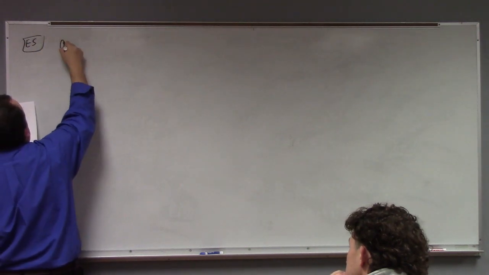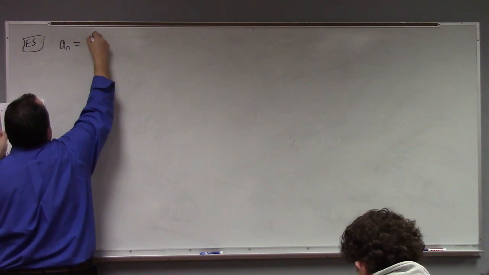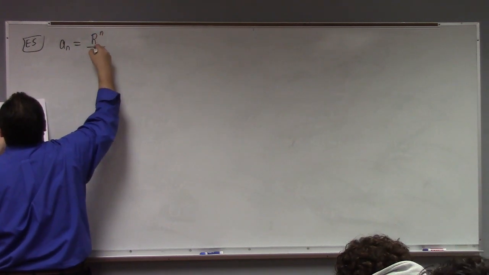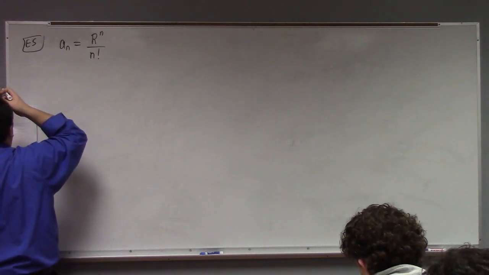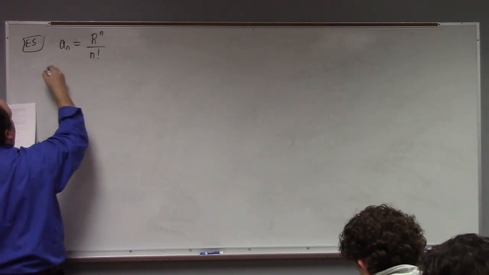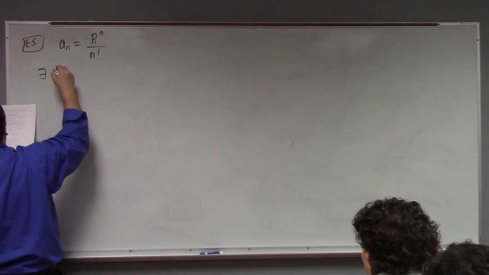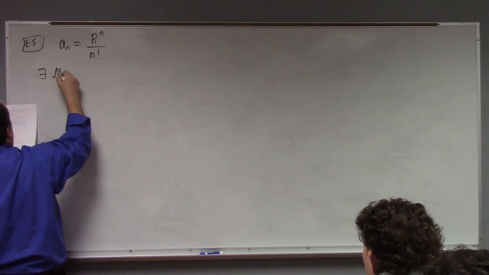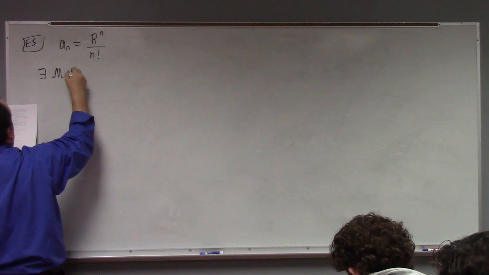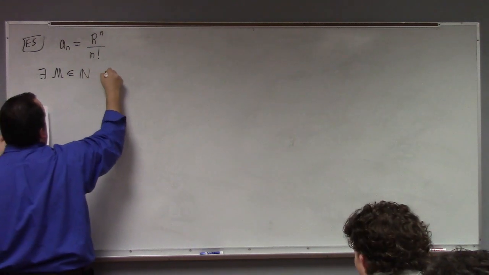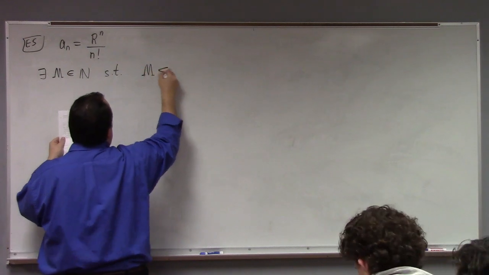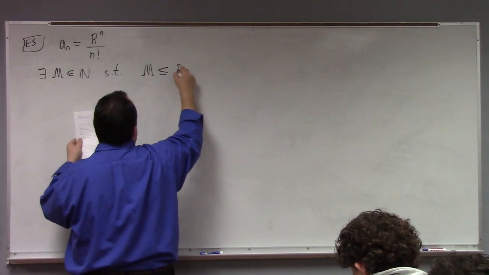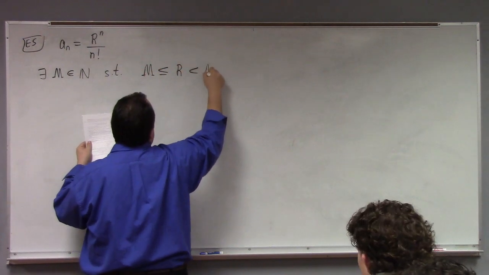So here, we'll look at r to the n over n factorial, all right? And notice that there exists a positive integer m such that m is less than or equal to r is less than m plus 1.